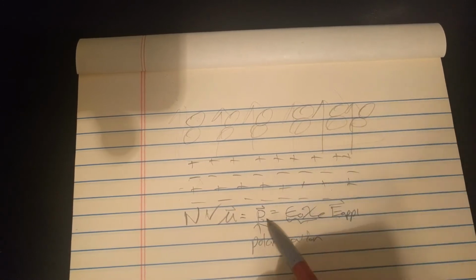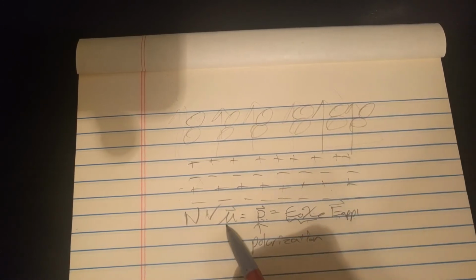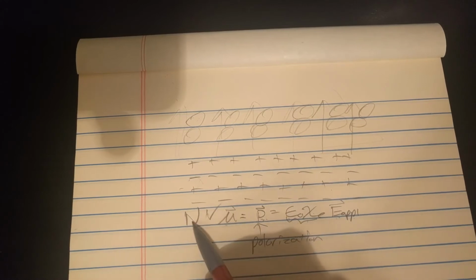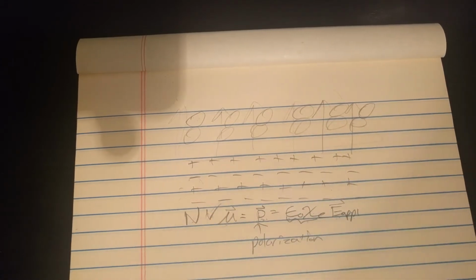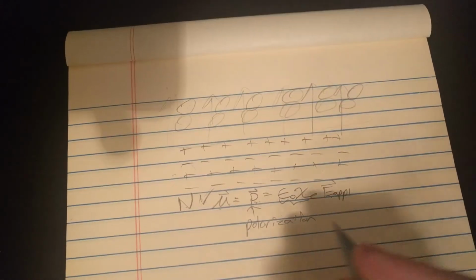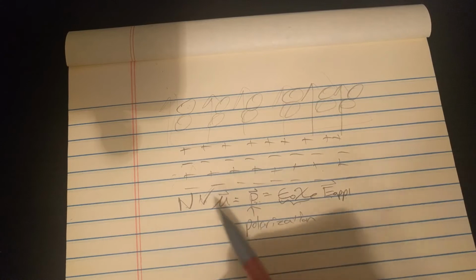And it's effectively the dipole moment times the number of those dipole moments that you have and the volume of the crystal. Sometimes you don't consider the volume. So we see that we have a microscopic property, the dipole moment, and we have a macroscopic property, the polarization.